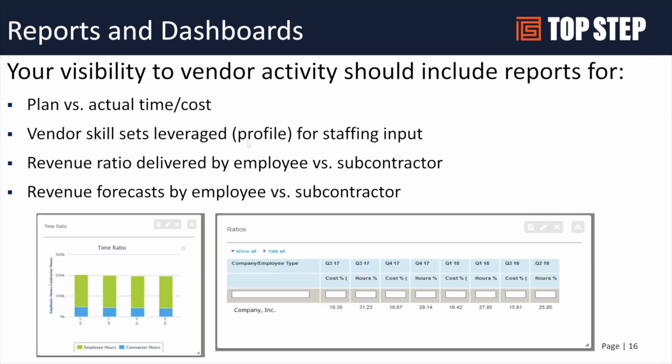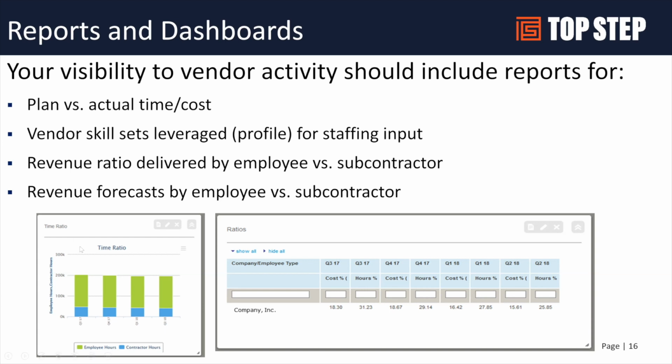And then obviously, you want to report on your costing. Are you costing correctly? Do we need to hire more employees versus more contractors? Obviously, making sure your skill sets are being leveraged if that's something that's beneficial. What is your revenue ratio delivered by employees versus contractors?